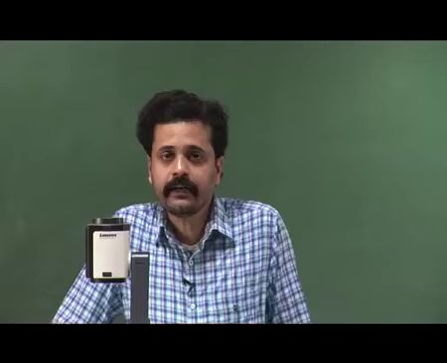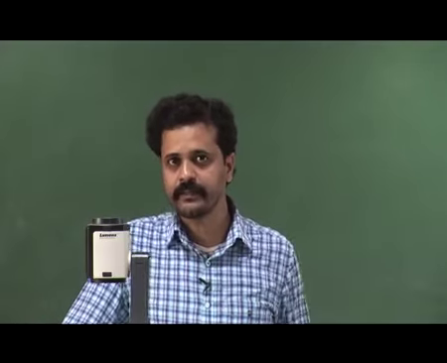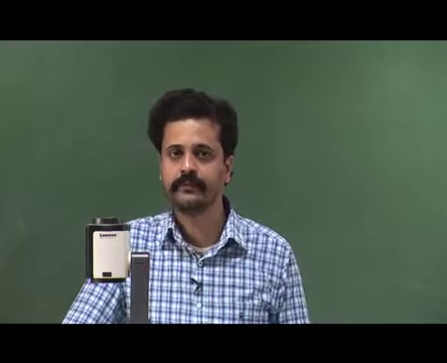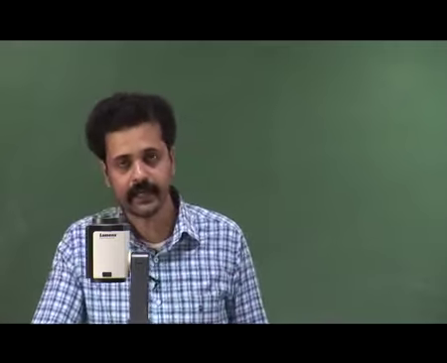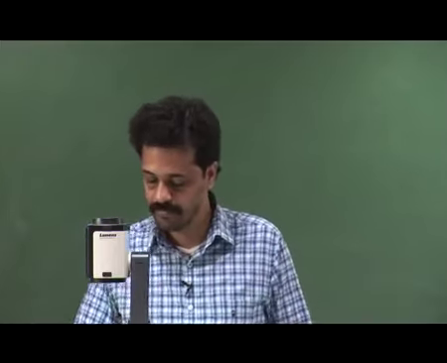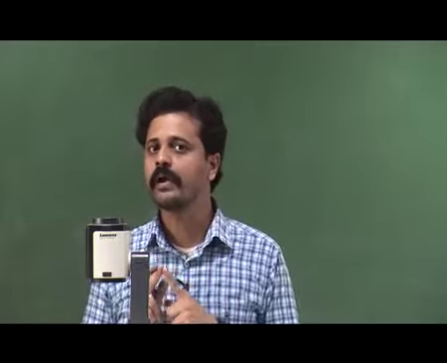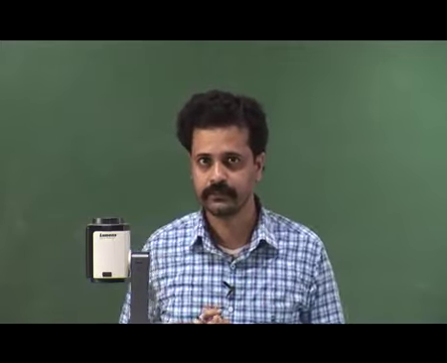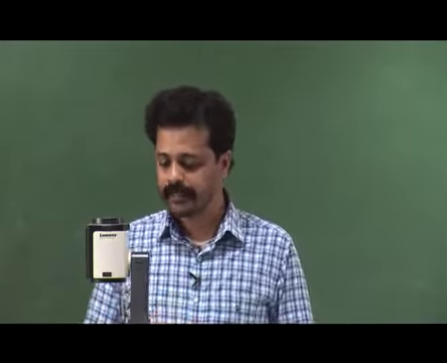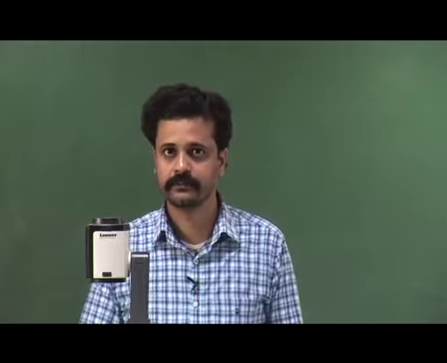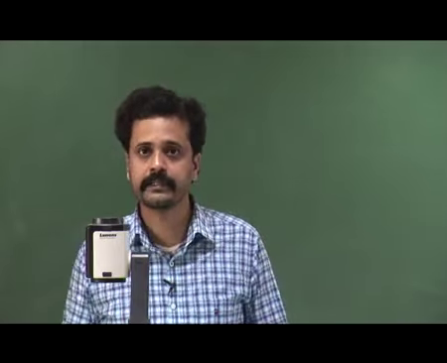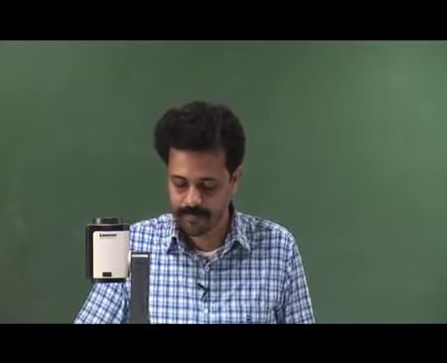Remember a1 and d1, the first term and common difference of the first AP, a2 and d2, the first term and common difference of the second AP, are unknown. This will give you, after simplification, only one equation, and there are many unknowns. So, we cannot expect it to be solved.